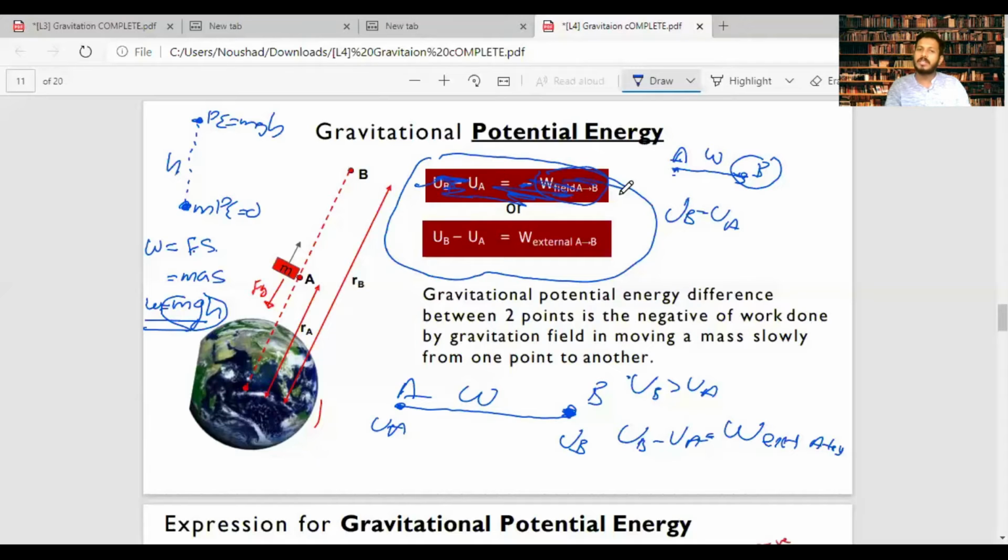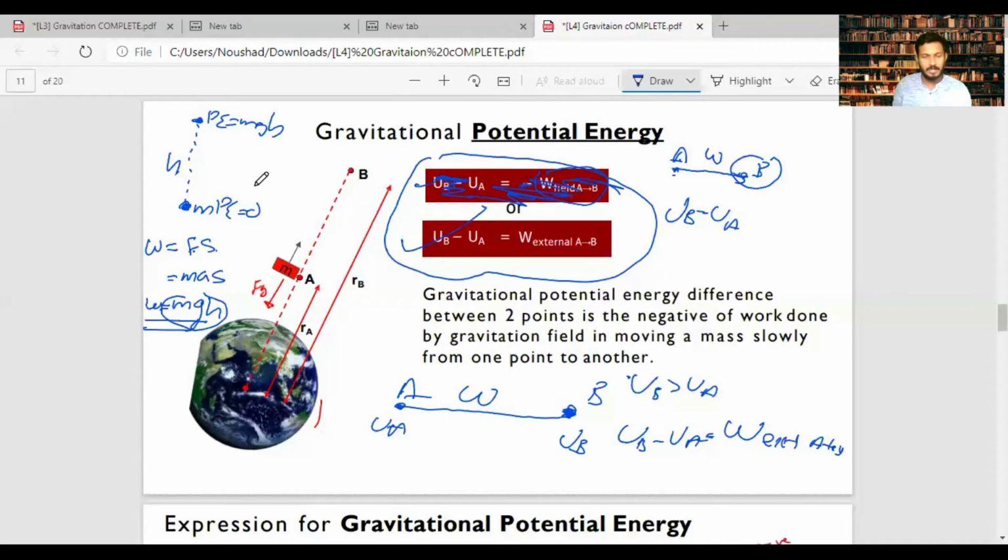You just understand the second equation, that's very important. UB minus UA is the work external from A to B. What it means: from A to B, I am doing work on that body. It reaches B, and that work done changes into potential energy. Already it has a potential energy at A, now it has a potential energy at B. The difference is calculated, so we obtain how much potential energy is gained.